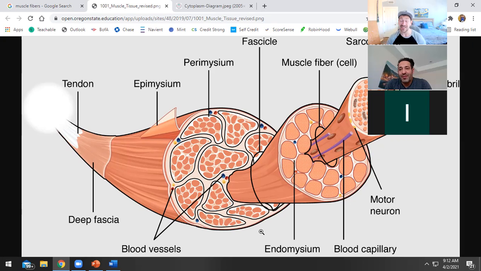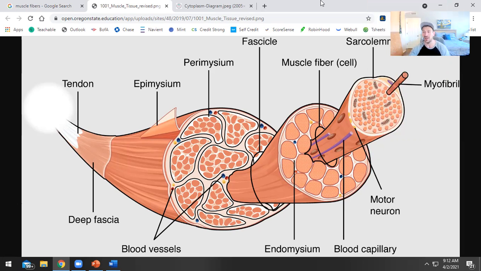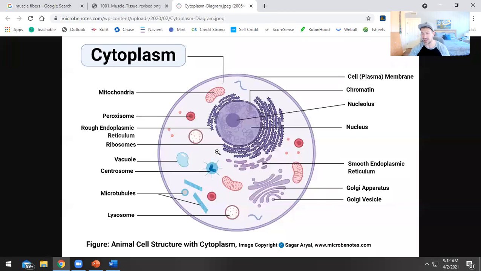There's another, even more microscopic layer inside of every individual muscle cell. And that is called a myofibril. And it's this big thing that stretches from end to end. So here's a classic animal cell.